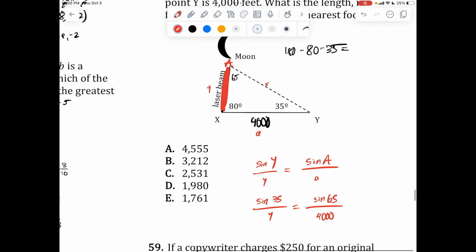If I just do some cross multiplication and division, y times sine 65 is equal to 4,000 sine 35. Divide both sides by sine 65. We end up with y is equal to 4,000 times sine 35 divided by sine 65. 2531.